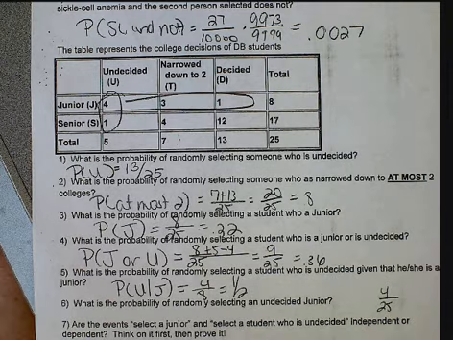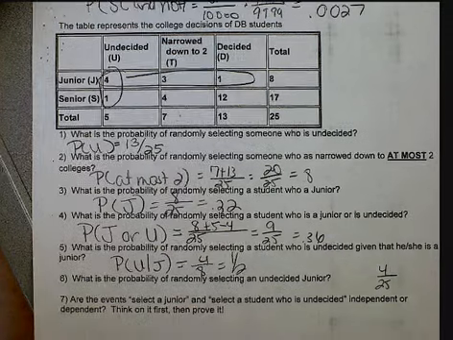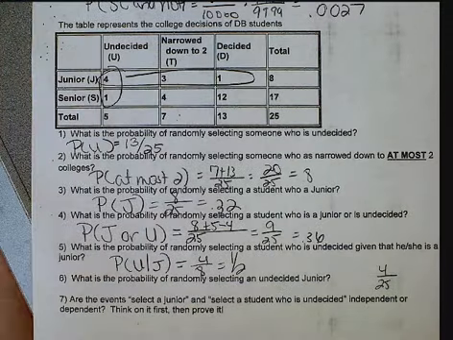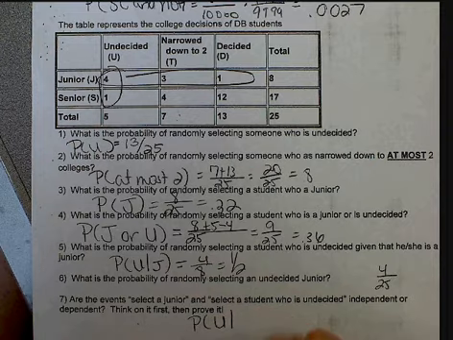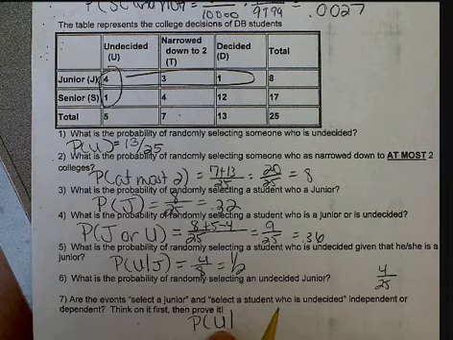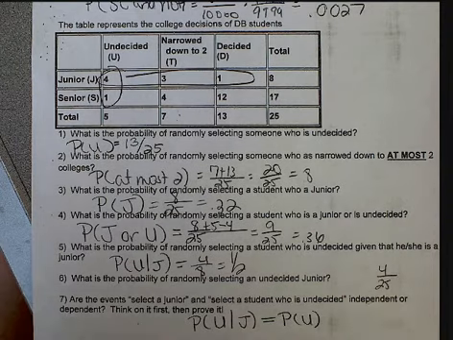So 7. Are the events select a junior and select a student who's undecided independent or dependent? If they're independent, the probability of an undecided given they are a junior will equal the probability of an undecided.